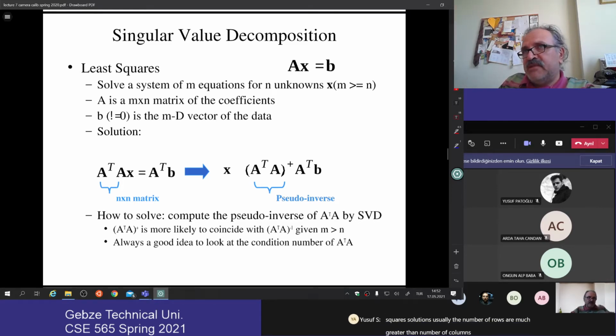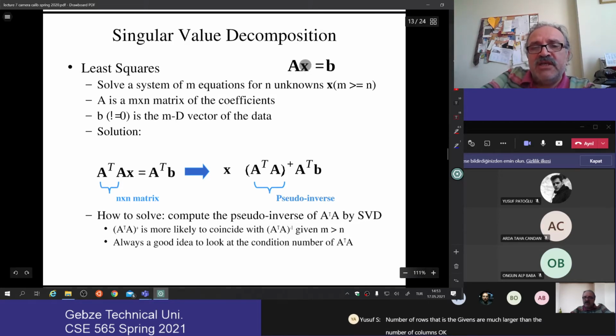The number of columns is the number of unknowns. For regular linear systems I expect the number of columns and rows to be the same, but for the least squares solutions, the number of rows, that is the givens, is much larger than the number of columns. So how do we solve such systems?